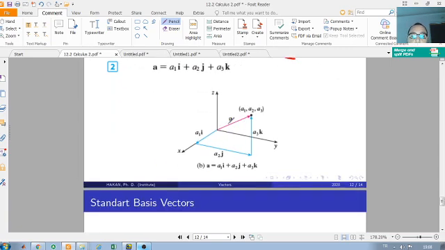And the vector A is the addition of three vectors, A1 times i, A2 times j, and A3 times k, by using the triangle or parallelogram law, which combines the initial point of the first vector and the terminal point of the last one.